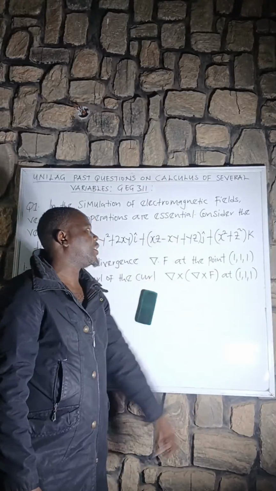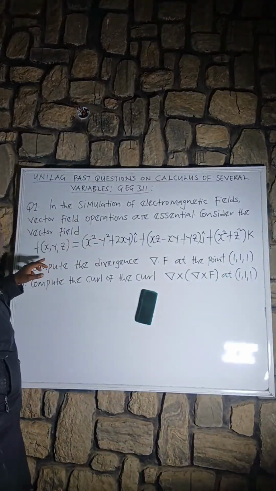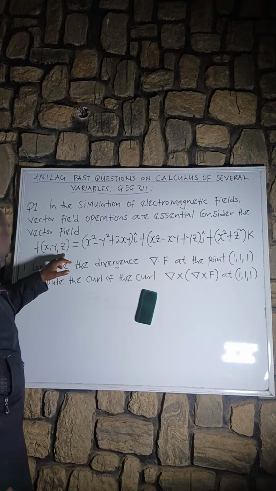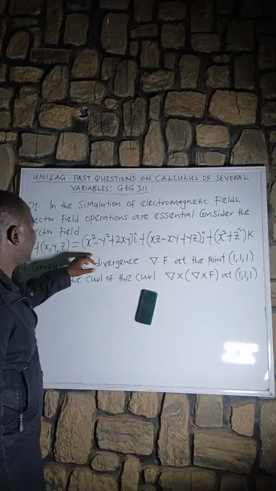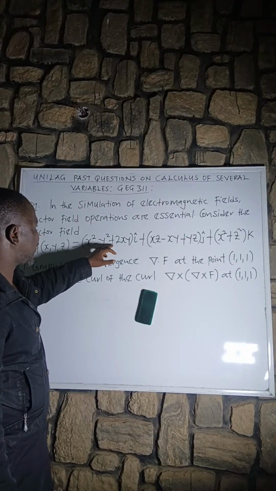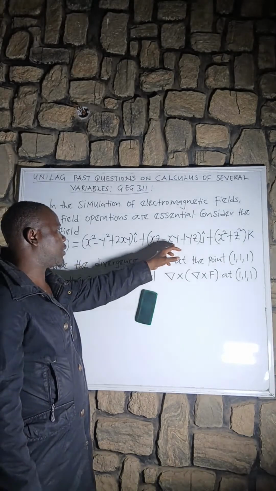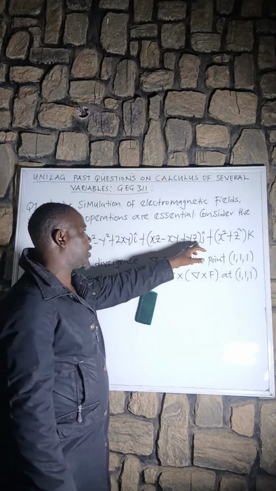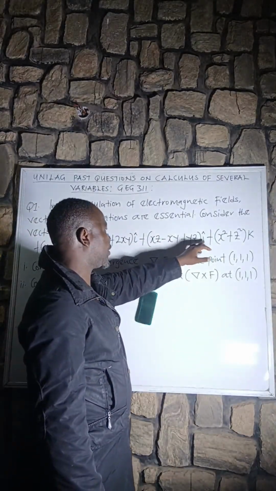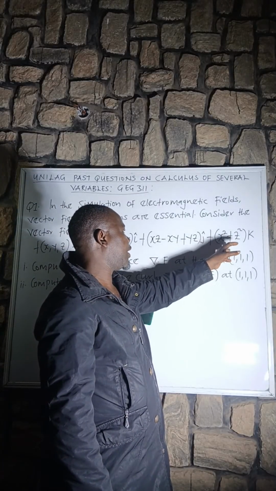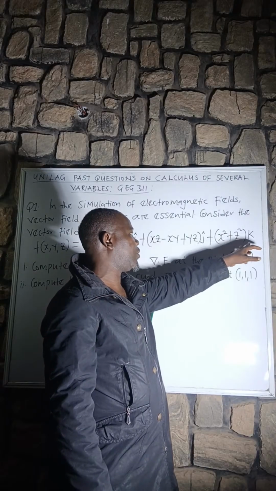So consider the vector field F of x, y, z equals (x squared minus y squared plus 2xy) i plus (xz minus xy plus yz) j plus (x squared plus z squared) k.